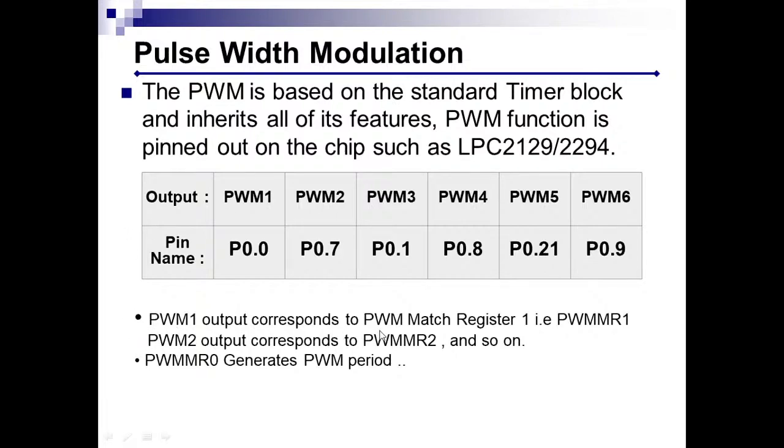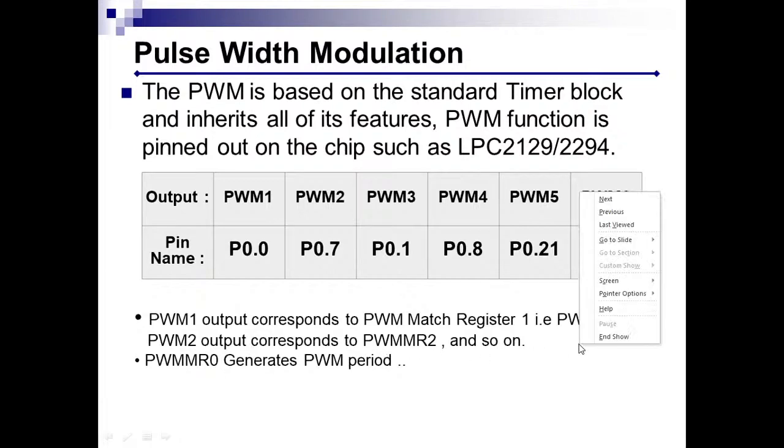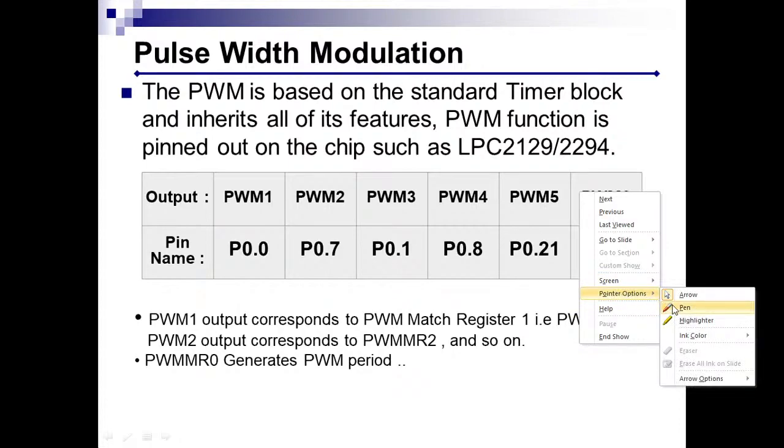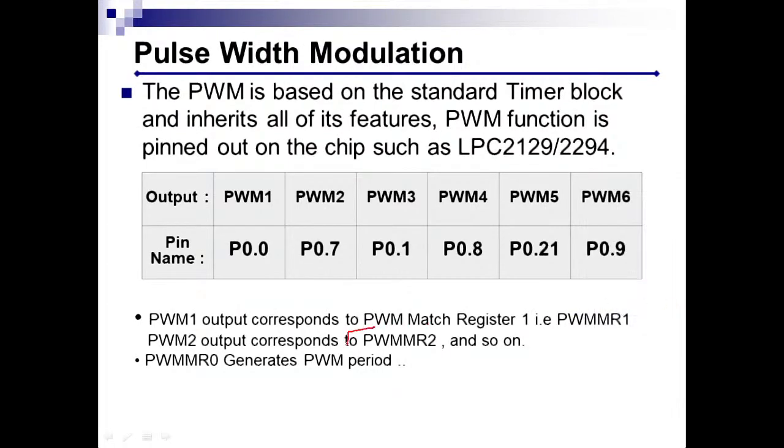PWM1 output corresponds to PWM match register PWM MR1, PWM2 output corresponds to PWM MR2, and so on. That means for every PWM output, there is a dedicated match register. If you change the value in this match register, you will be able to change the width of the pulse.